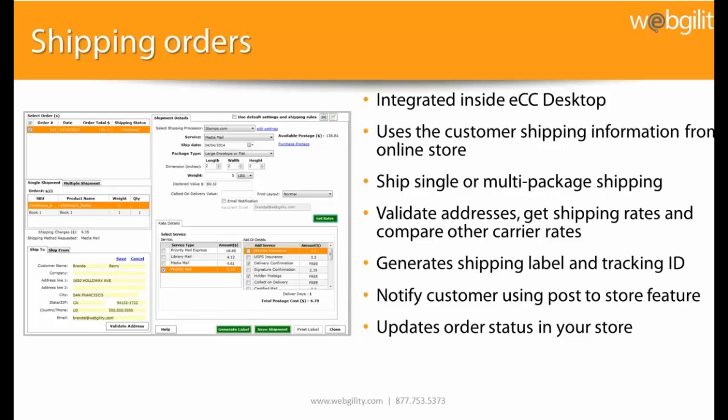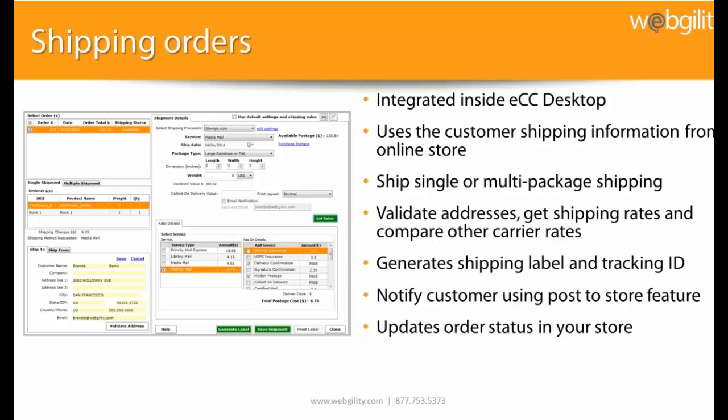So in terms of the shipping, you can ship single packages, you can ship multiple packages, and the features also depend on the particular shipping carrier. So the shipping carriers have particular features. When you connect to those shipping carriers, you can utilize those features.